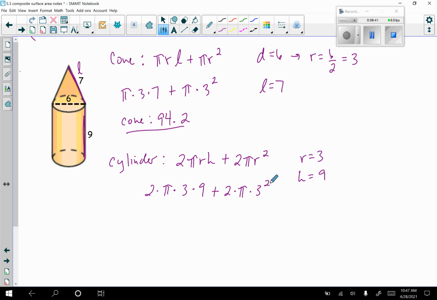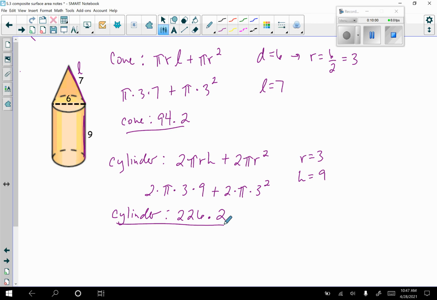Okay, press enter. So our cylinder is 226.2, because it's 0.19, so it's going to round up to 0.2. All right, so we have our cone and we have our cylinder.